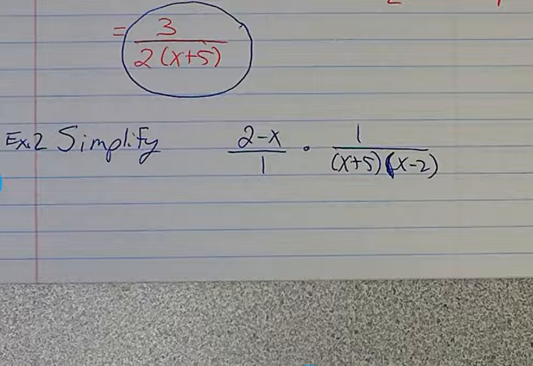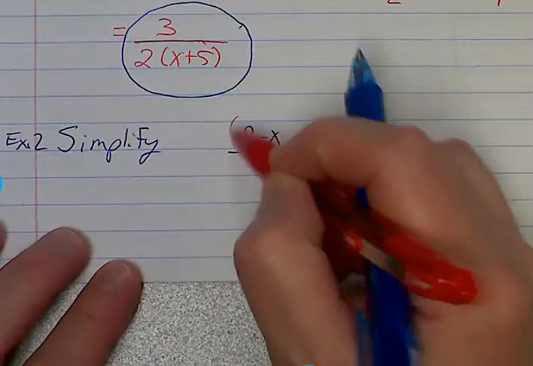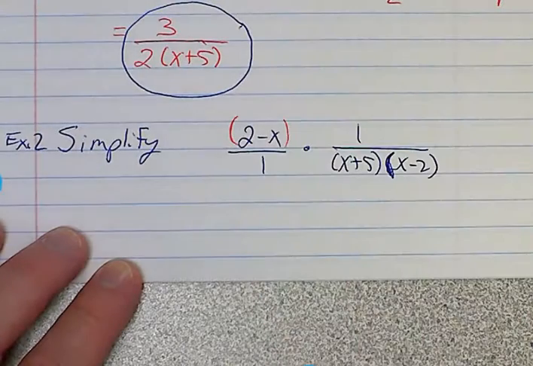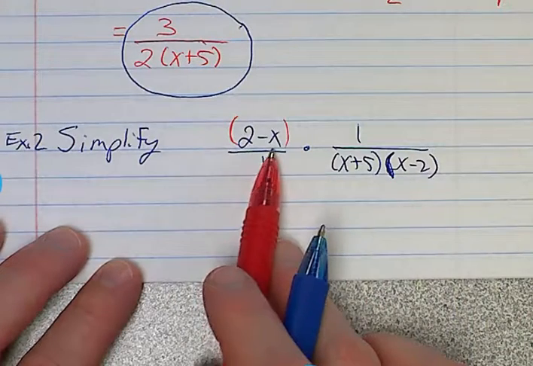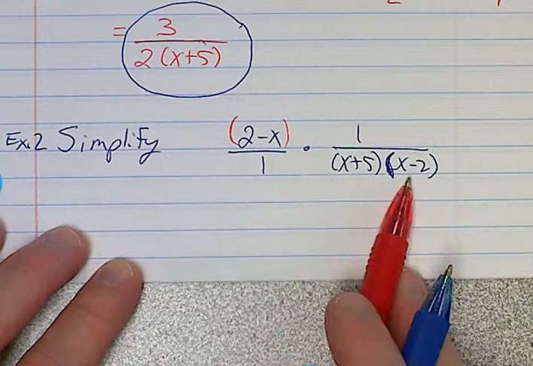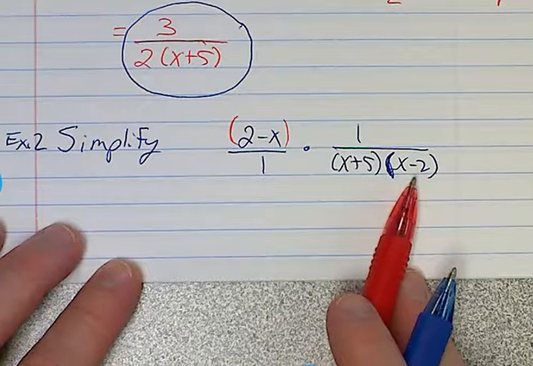If you have it written like this, is there anything in the parentheses that's exactly the same? Now this one's x minus 2, this one's 2 minus x. Are those exactly the same? We've got the right numbers but the wrong signs, right?